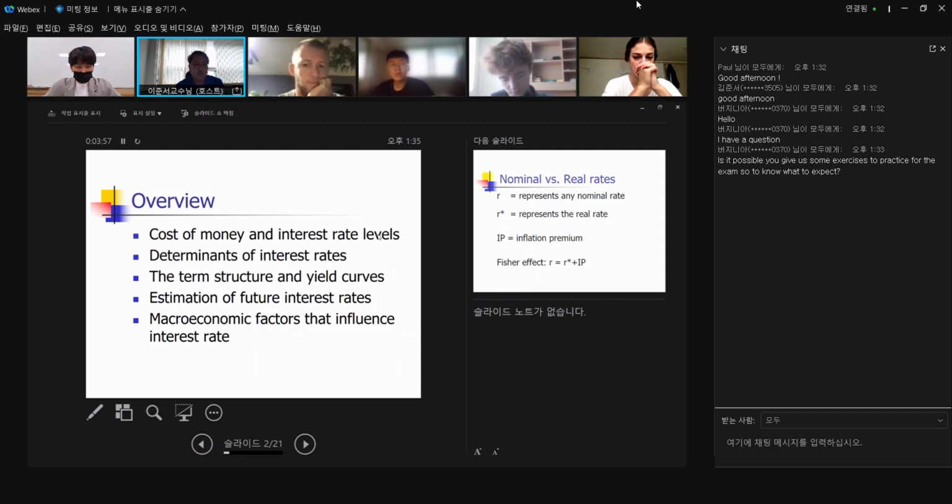So in the third topic, we will figure out the relationship between yield to maturity and time to maturity, which is called the term structure. And the yield curve is the graph to display the term structure, that presents the relationship between time to maturity and yield to maturity.